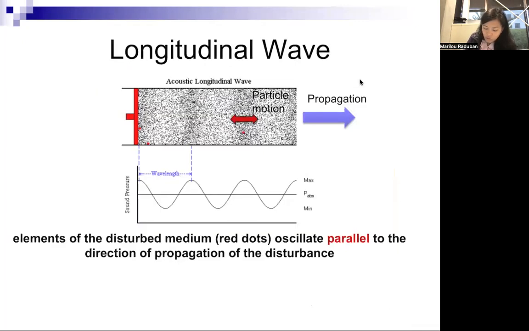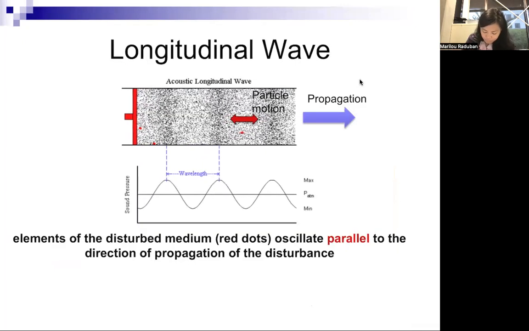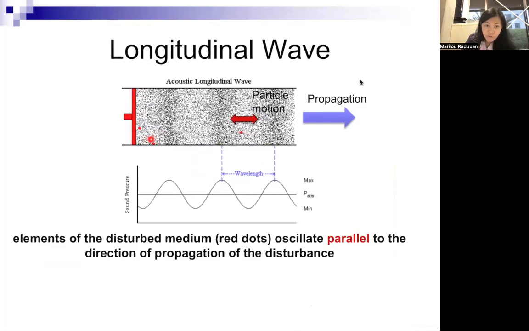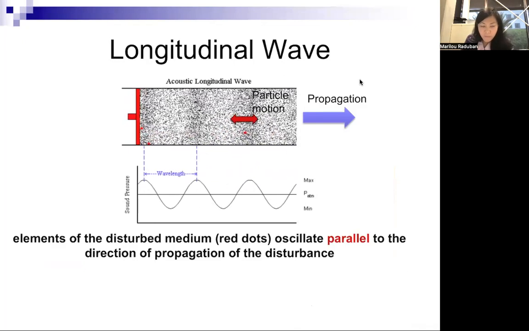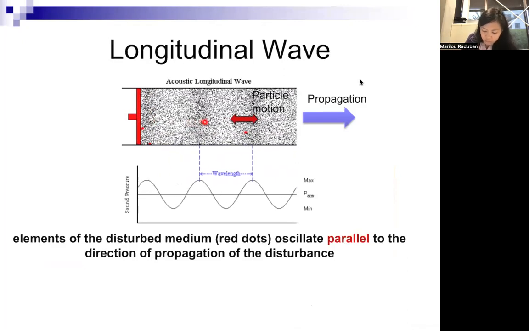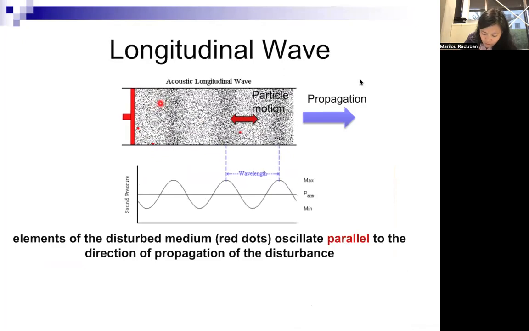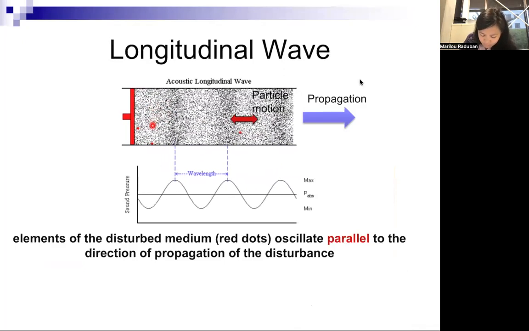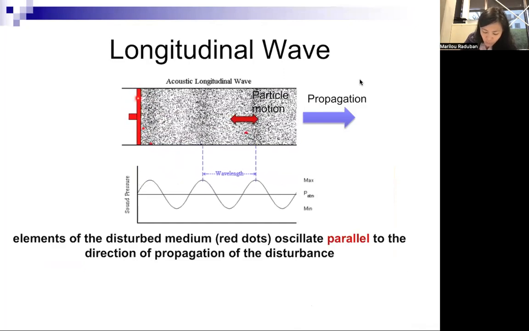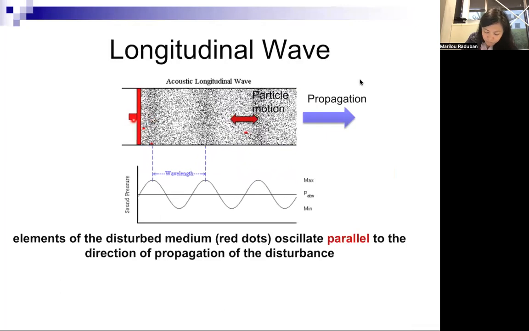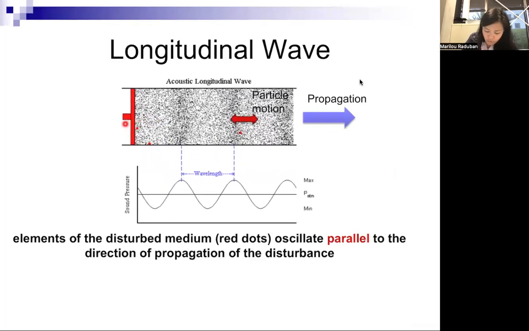Okay, for the longitudinal wave, the oscillation of the particles is parallel to the direction of propagation of the wave. This animation shows an air column. The black dots are air molecules, and you have a plunger on one end that is being moved to and fro.